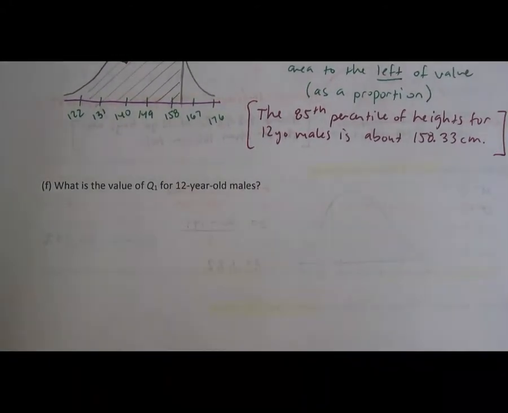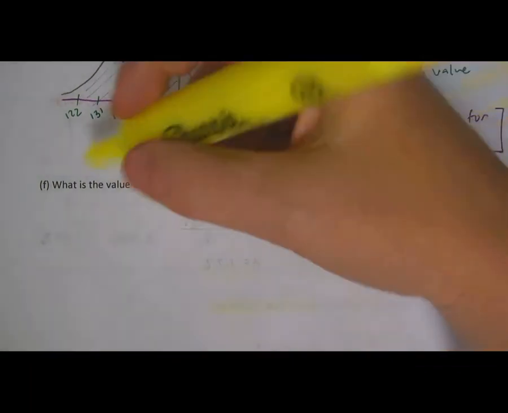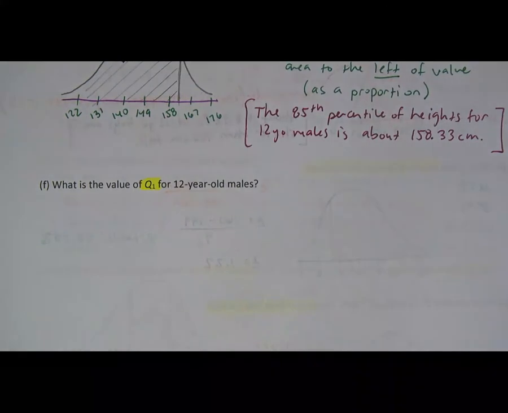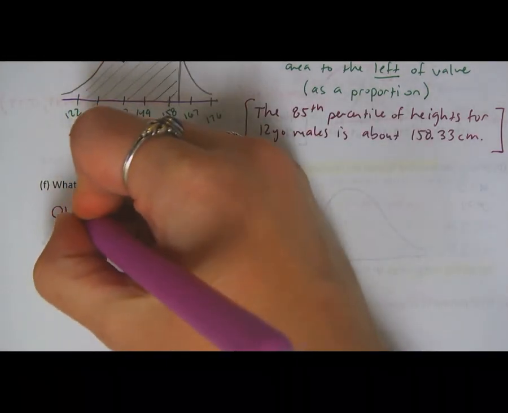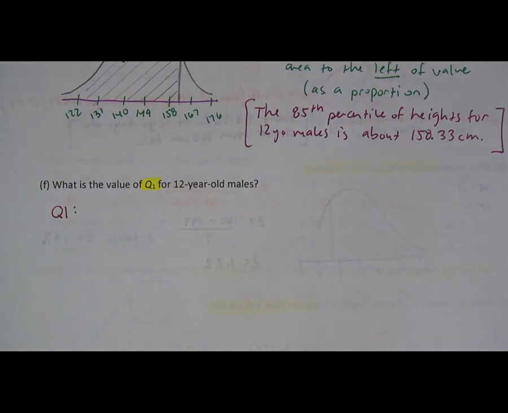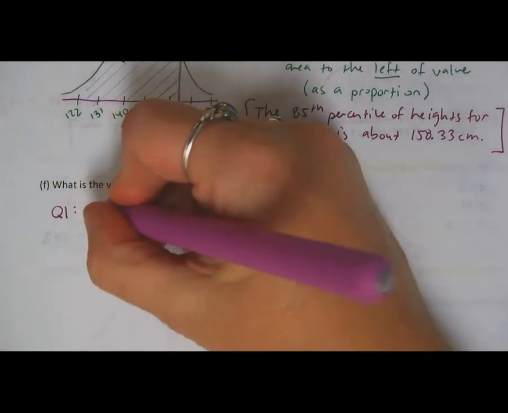I want to ask you on this next one, is this a normal CDF or an inverse norm problem? And when in doubt, use the process of elimination. Did they give you the height of a boy? In a roundabout way, they gave you a percentage. Quartile 1 is at the 25th percentile.